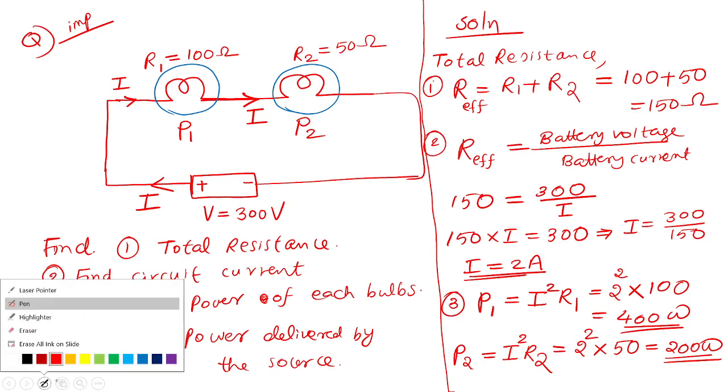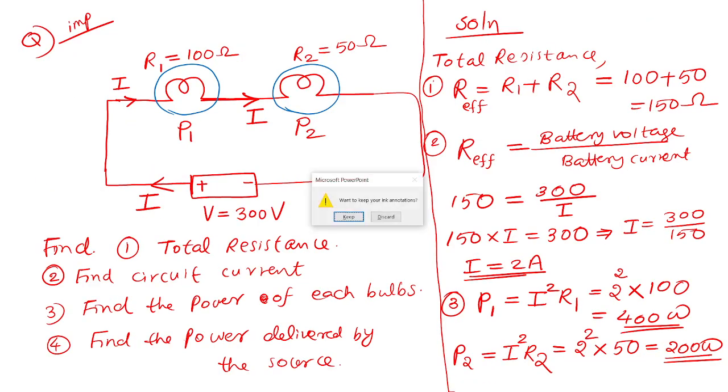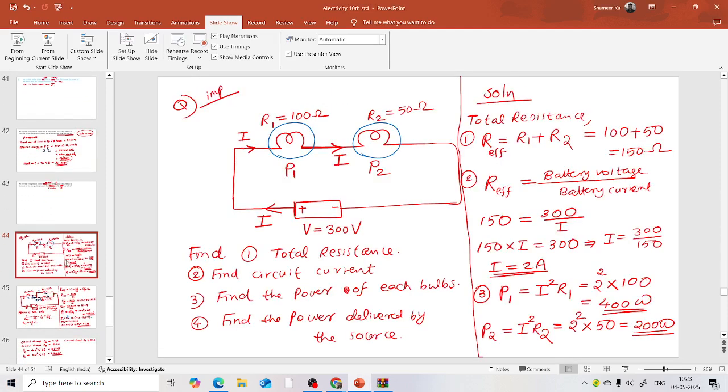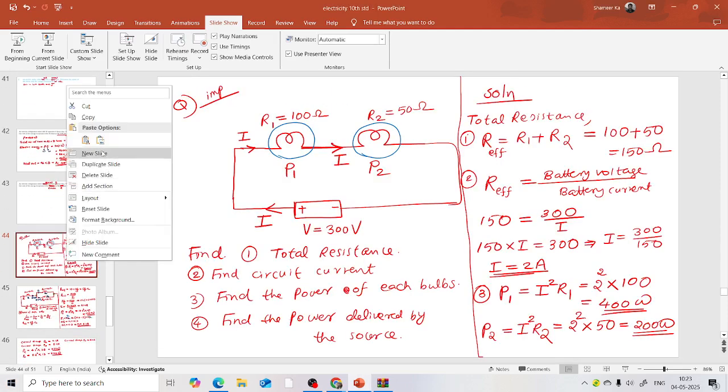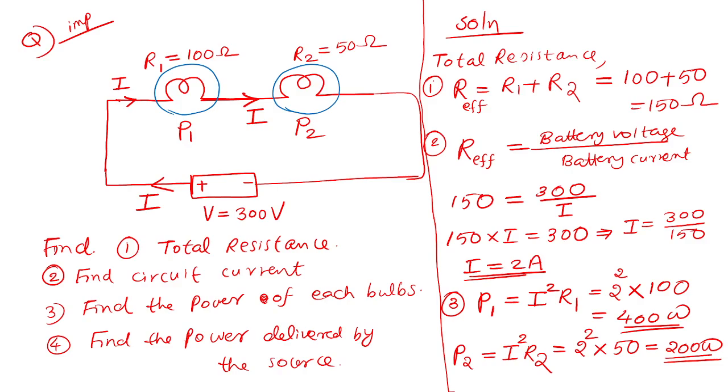Question, the total power. There is no space. I will write on the next page. Total power I want. The total power, you simply add the power of each electric device, that's all.